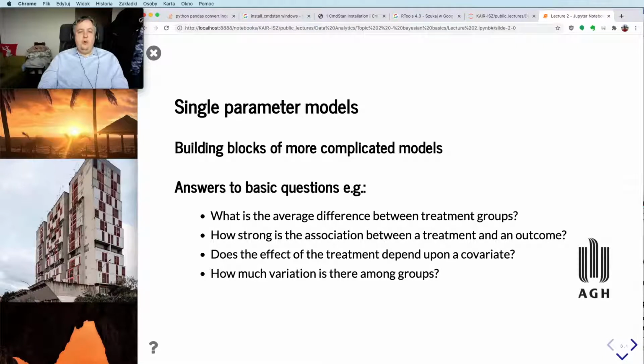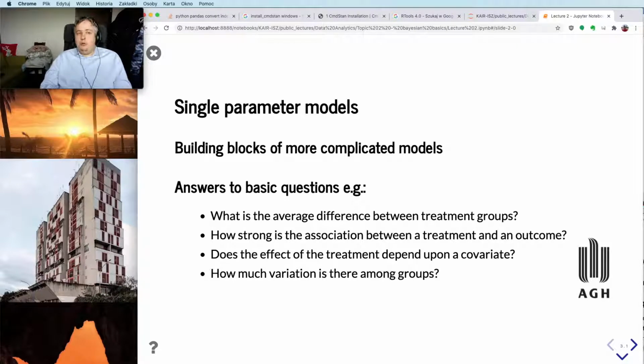So for example, what is the average difference between two groups, or how strong is the association, for example the linear association, between the treatment variable, or just the variable that we are modifying, and the outcome?